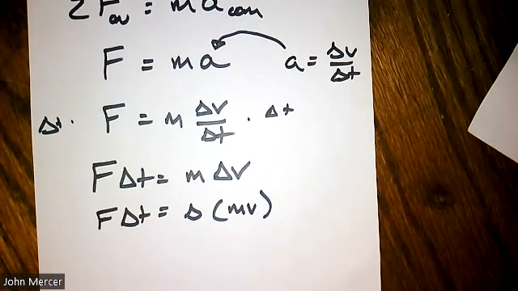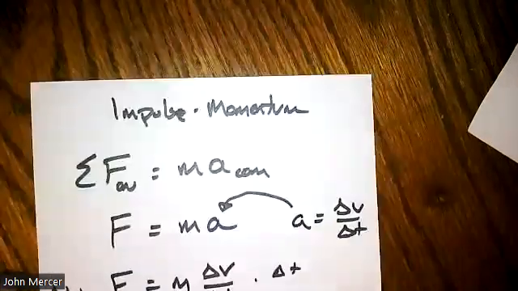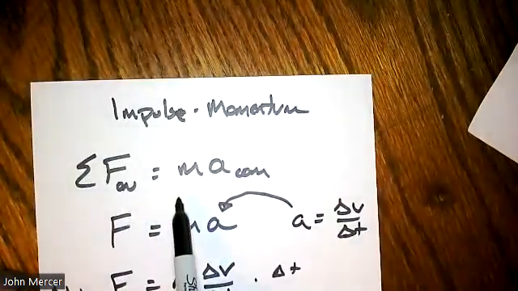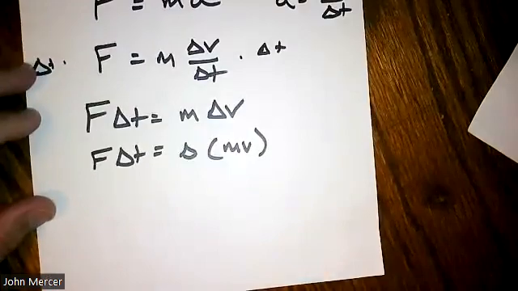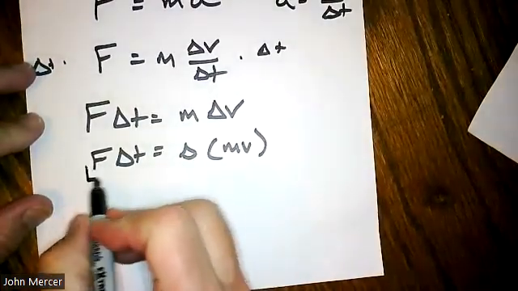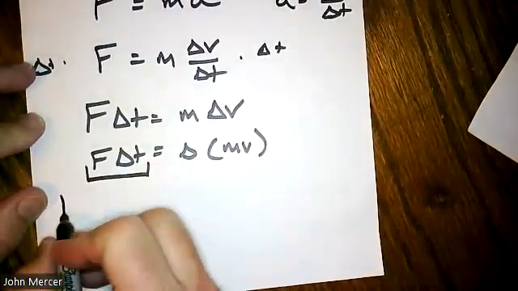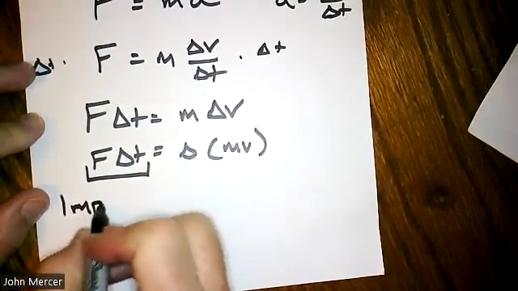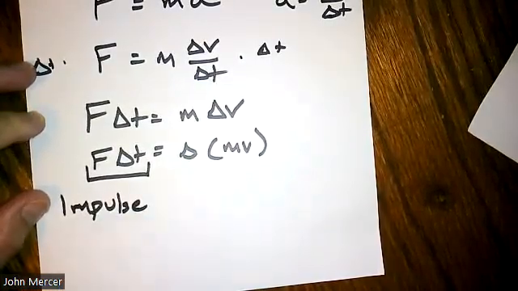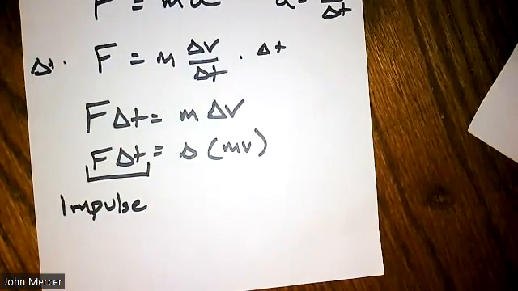And what I get are these two parameters, which are directly derived from Newton's second law. So there's no magic here, all right? But I get a new parameter, F delta t, and we call that impulse. What that means is that we are figuring out the magnitude of force and how long that force is being applied. Those two things together are impulse, okay?